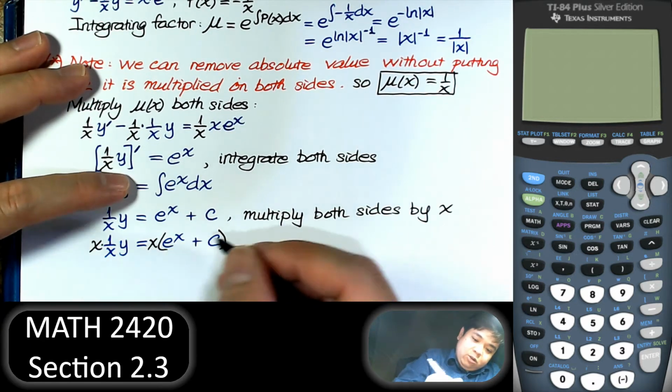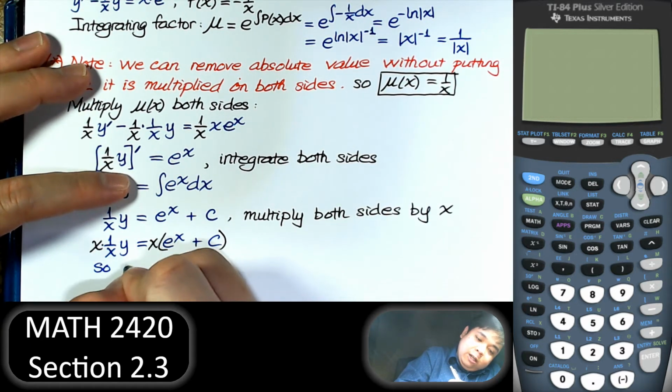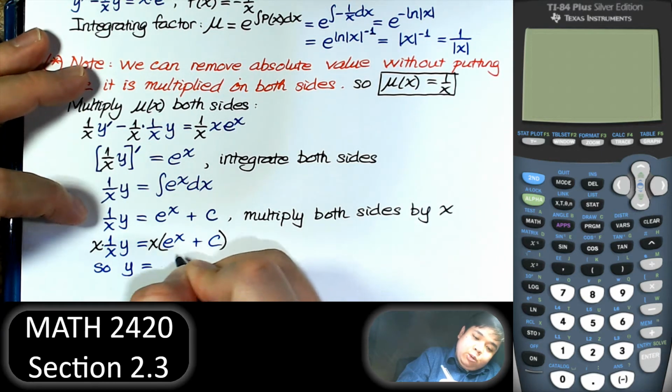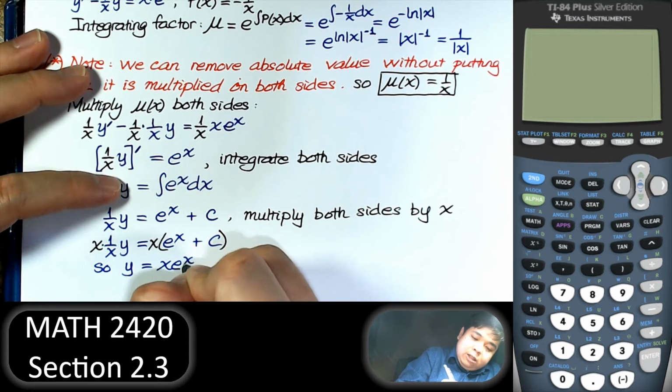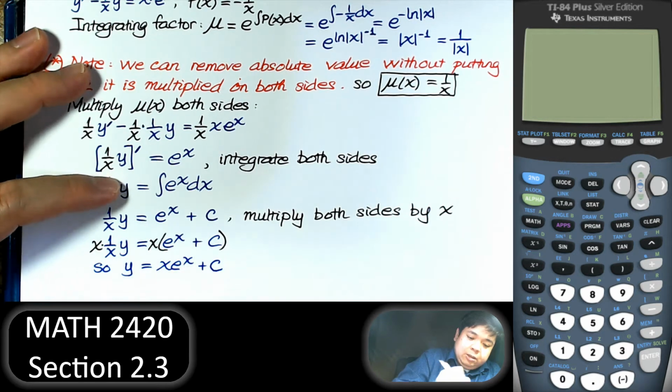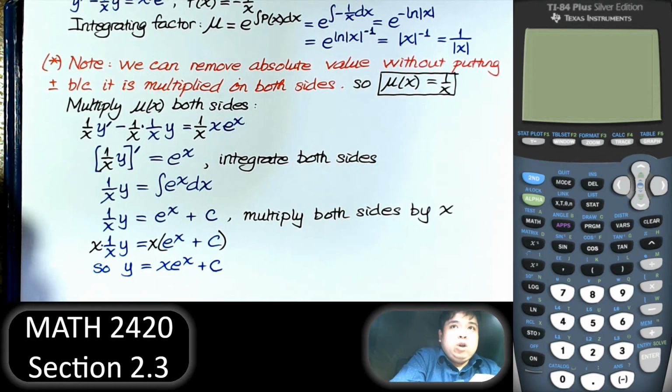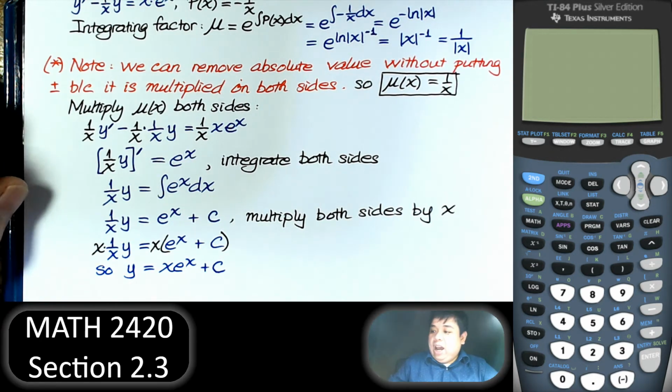And x cancels out, so y equals x times e to the x plus c. Right, so that is the general solution.